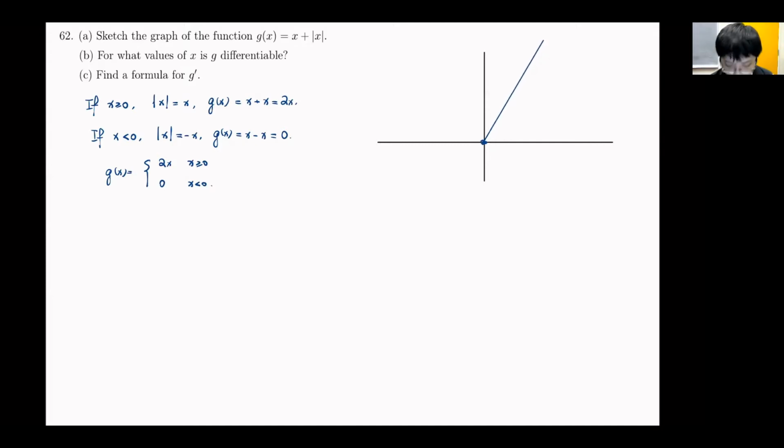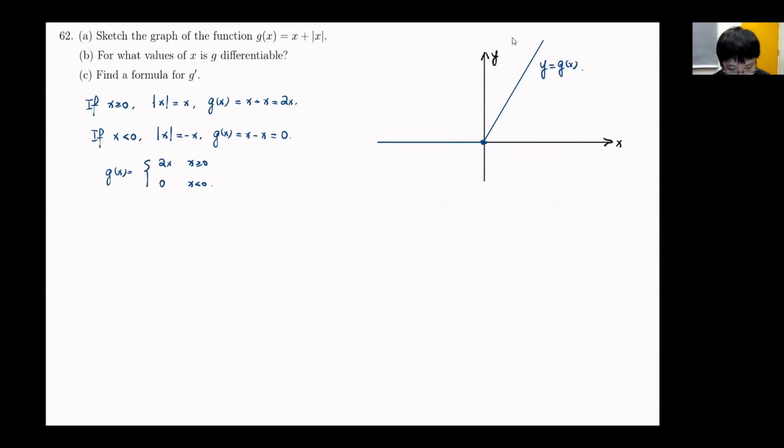So that will be a line of slope 2. And when x is less than 0, g of x takes 0. Well, 0 is simply this horizontal line, but because we only need the part when x is strictly less than 0, that's why we only need this part over here. Okay, so this will be the graph for y equals g of x.